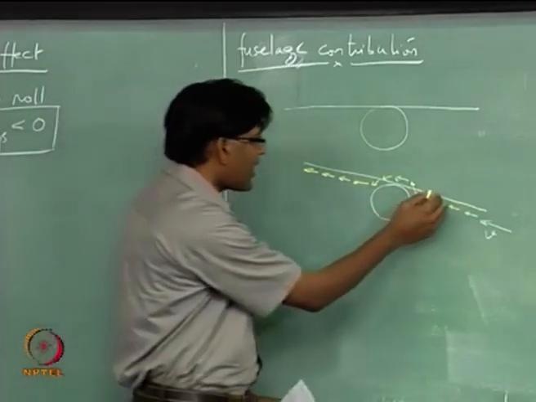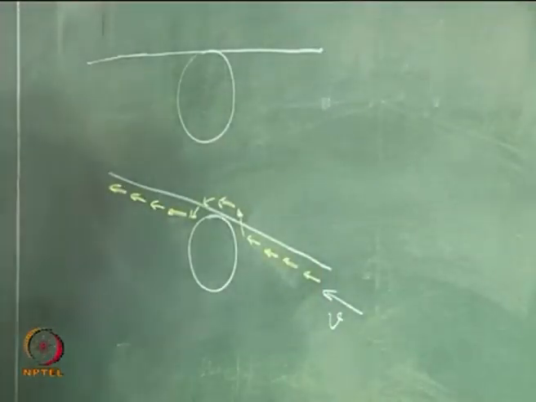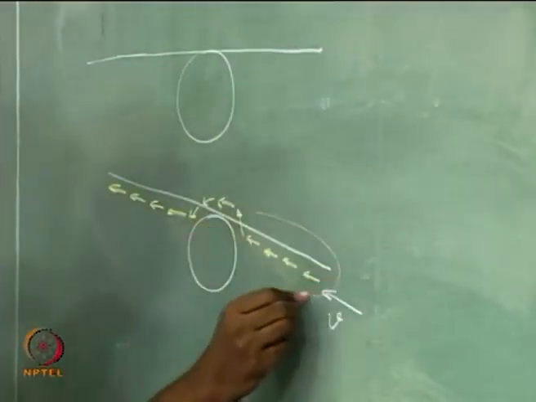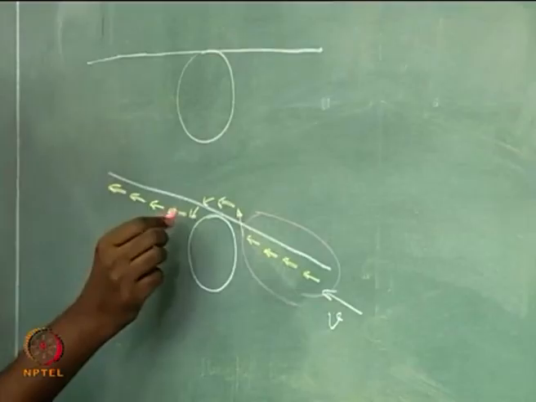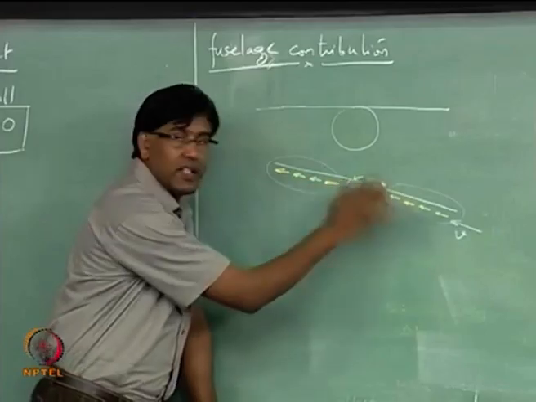Right. So, over this part actually nothing is happening. Over this part there is nothing happening. Okay. There will be no imbalance of lift because of this part and this part.